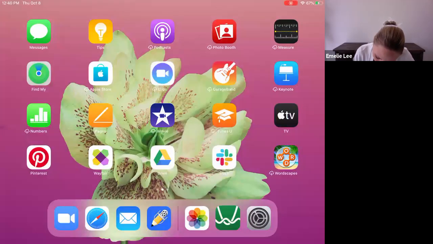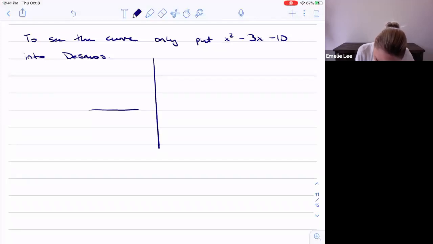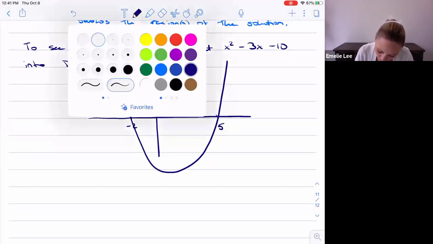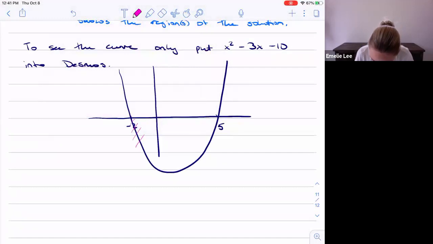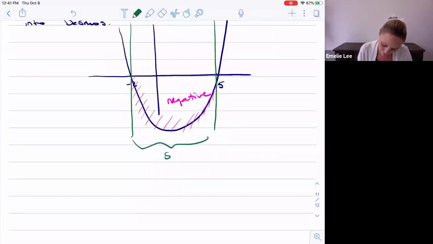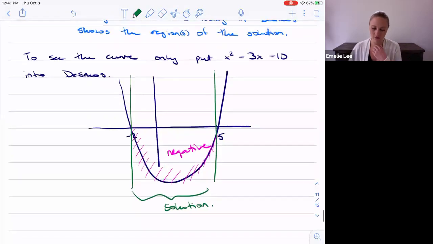So here at -2 and 5, we saw that it looks something like this. So this is the region where it's negative. Okay. And then what it showed is that, okay, well, from here to here, this is the solution. Okay.